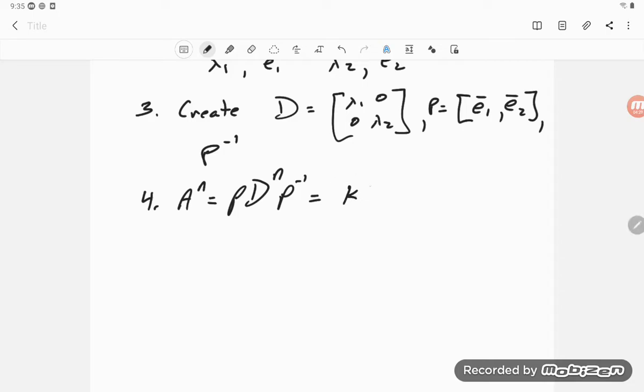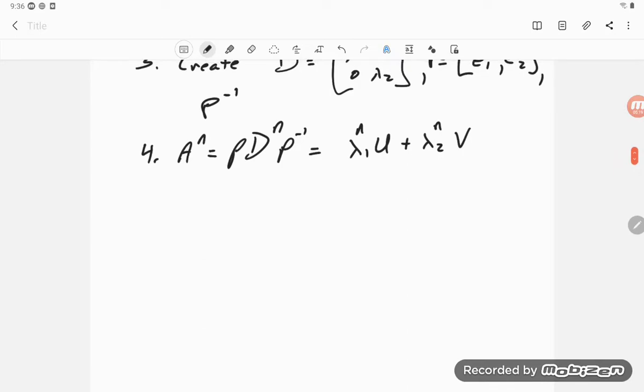But we can end up writing this as, generally speaking, now if neither of the lambdas is 1, we can very nicely, well, even if it is 1, we can write it this way: lambda 1 to the n times some matrix U plus lambda 2 to the n times some matrix V. And they kind of hide that in what they do, but that's actually what they've done.